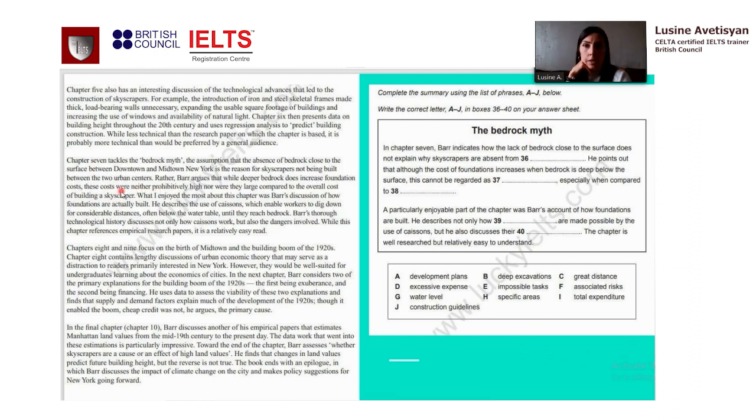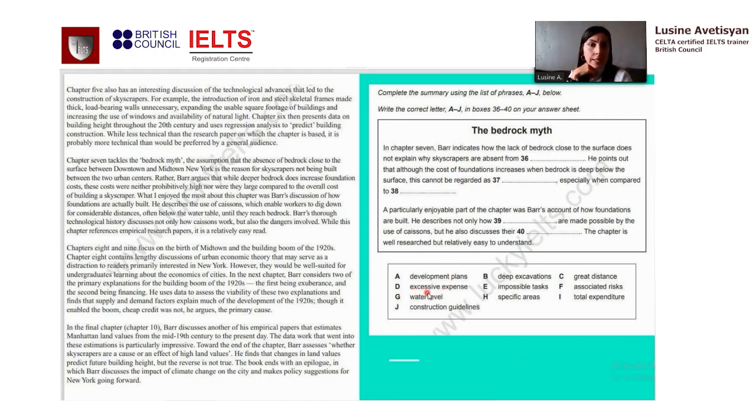So I found my answers here: compared to overall cost for 38, my initial answer, and 37 would be the costs were neither prohibitively high nor were they large compared. High and large, regarded as prohibitively large and high. That's fine.